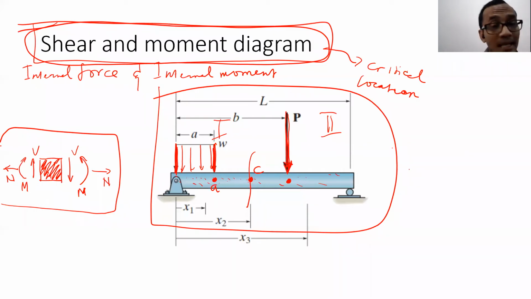For vertical beams, you can assume it first. For horizontal beams, yes, it is very simple like that.